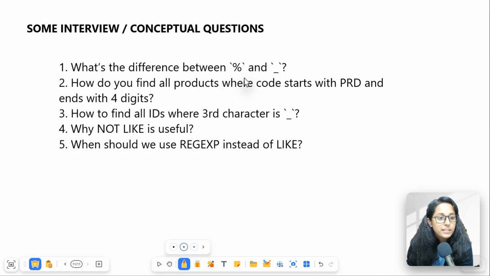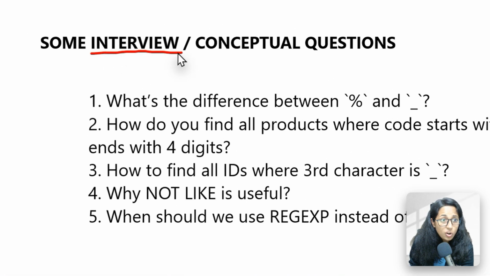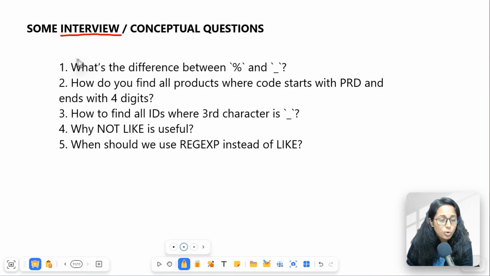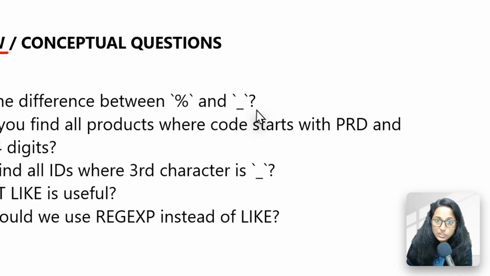Lastly, this will also help you recap all the concepts we have learned so far. I would request you to attempt all these questions because these can be your next interview questions. Very common ones. What is the difference between percentage and underscore?